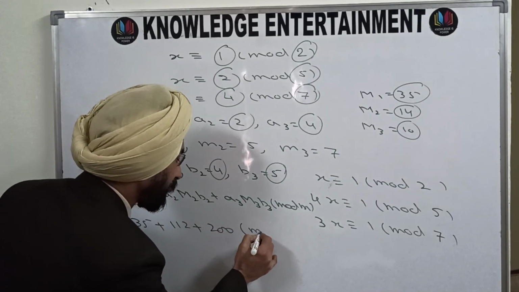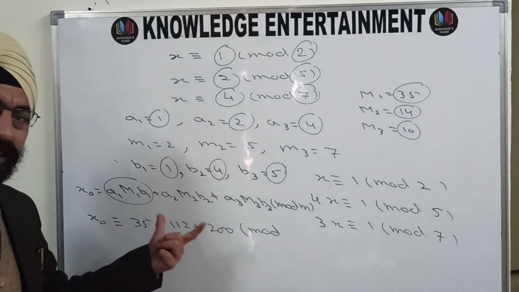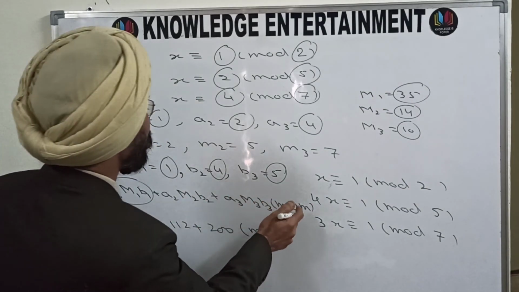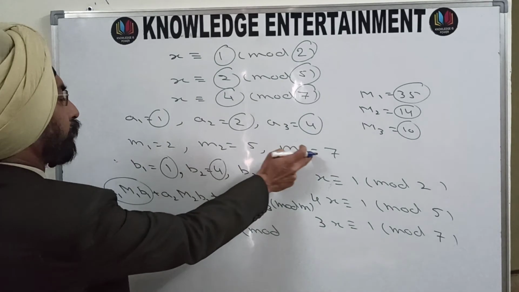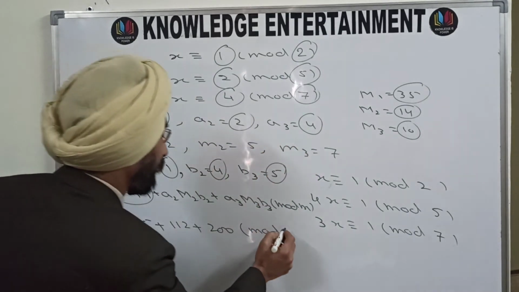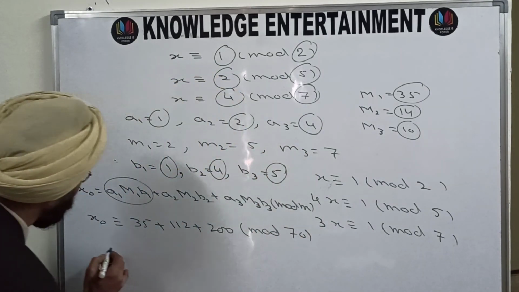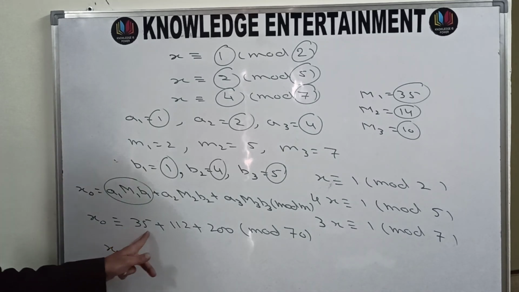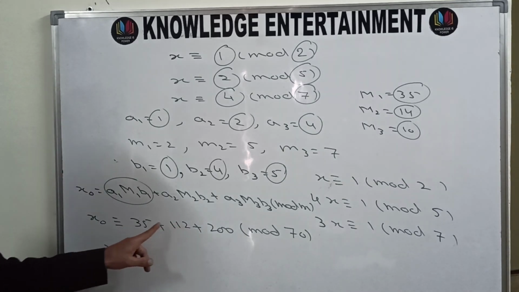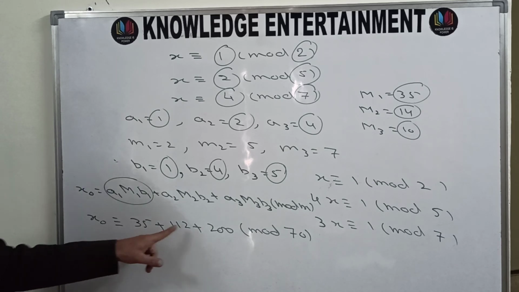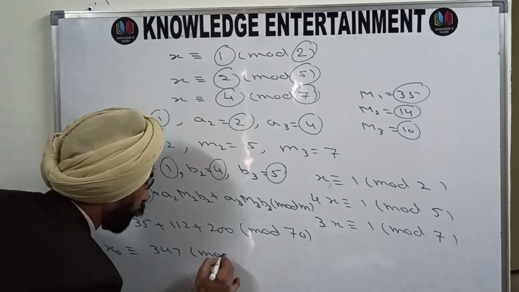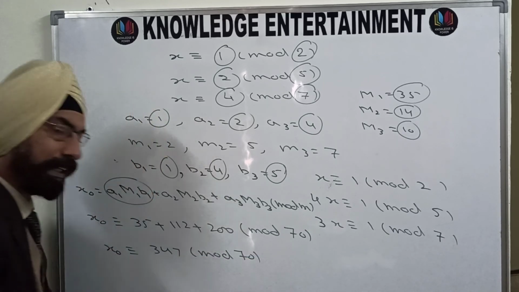But this number is not the simple solution, it is a solution congruent modulo M, and your M is the product of all these three mi. 2 into 5 into 7 is 70. So x0 is congruent to, adding all these, 112 plus 35 is 147, plus 200 is 347, modulo 70.